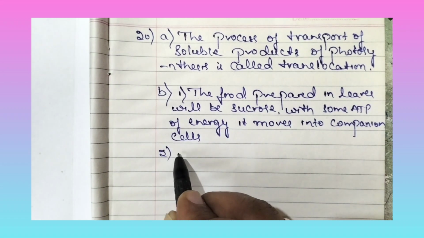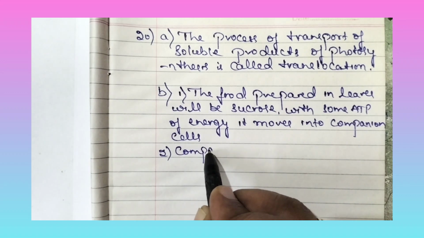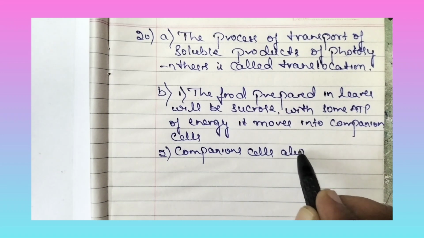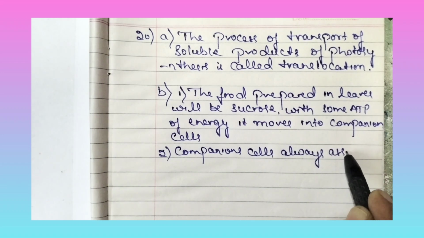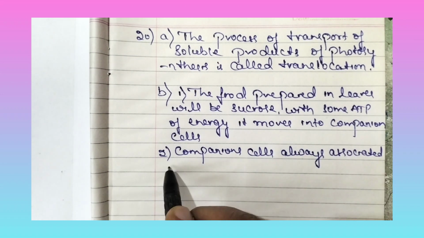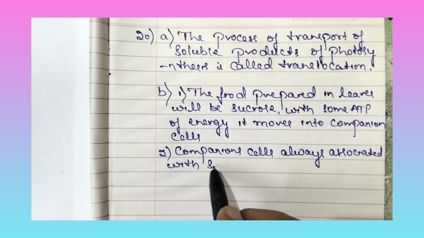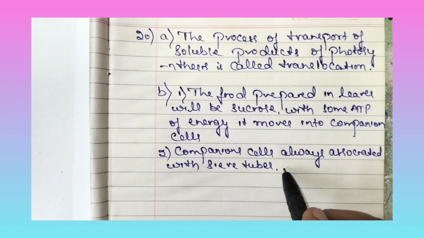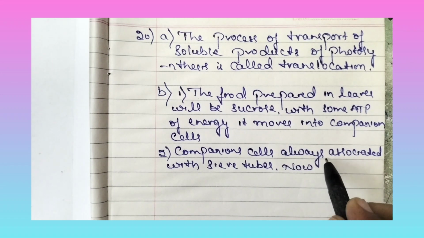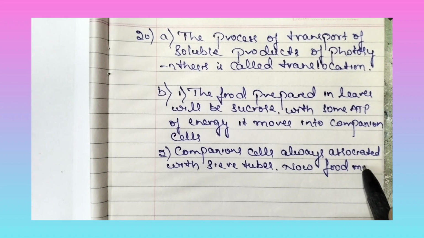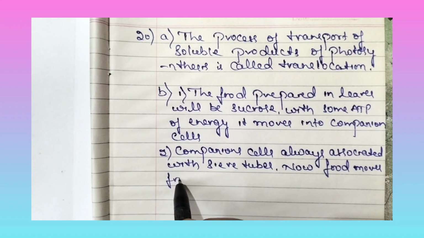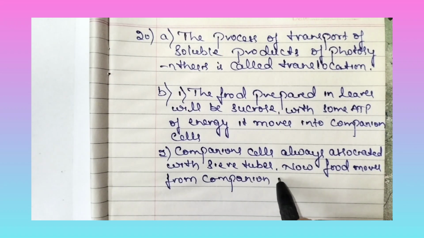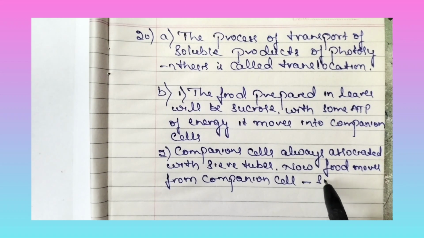Then the second point: companion cells are always associated with sieve tubes. Now food moves from companion cell to sieve tubes.